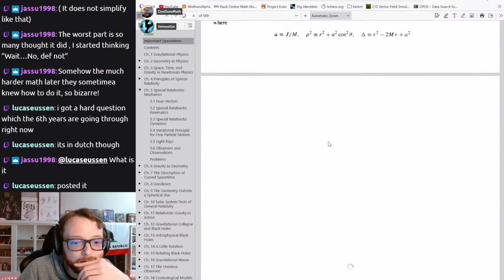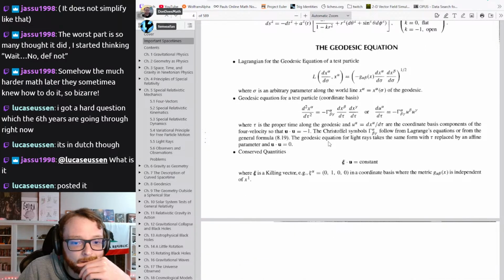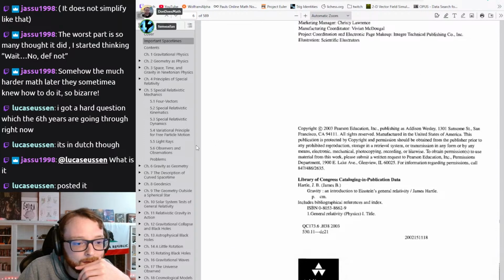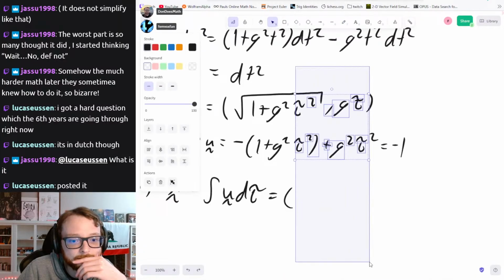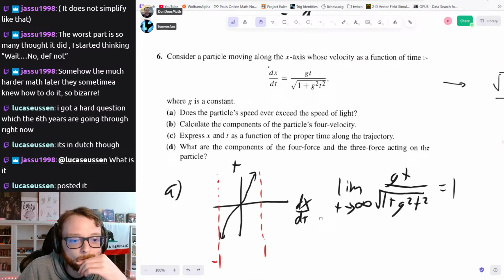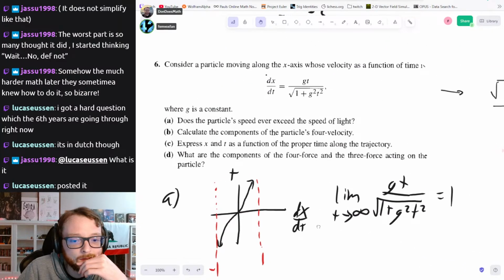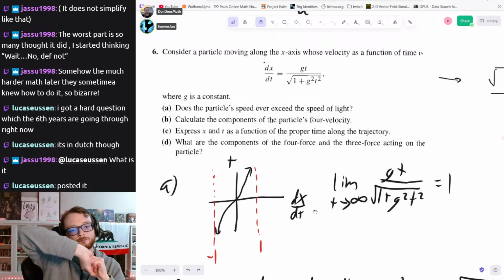I think we kind of have it from what they gave us at the start, because if we just let t equal tau. What does the question say? Express x and t as a function of proper time.